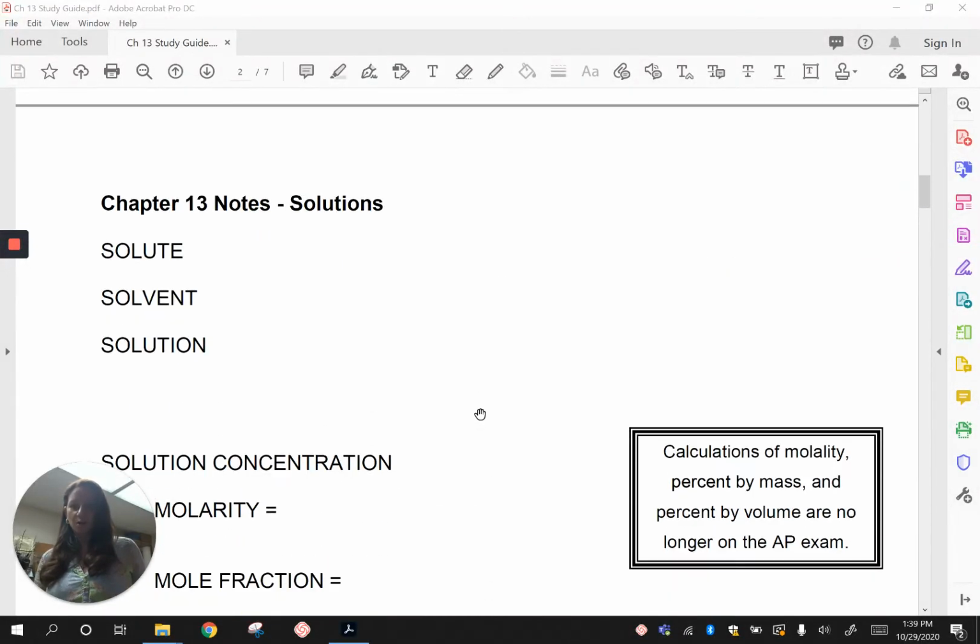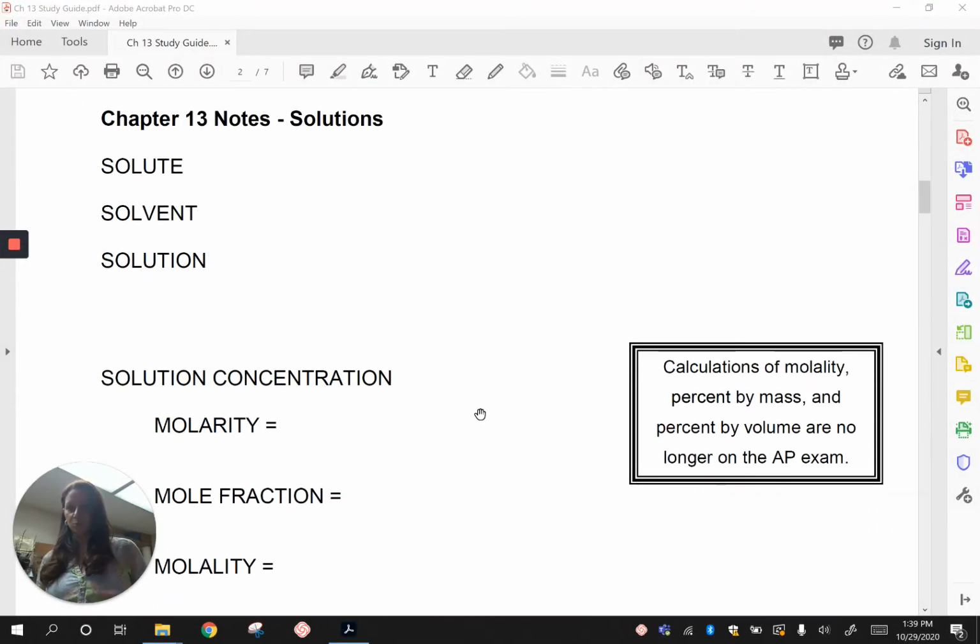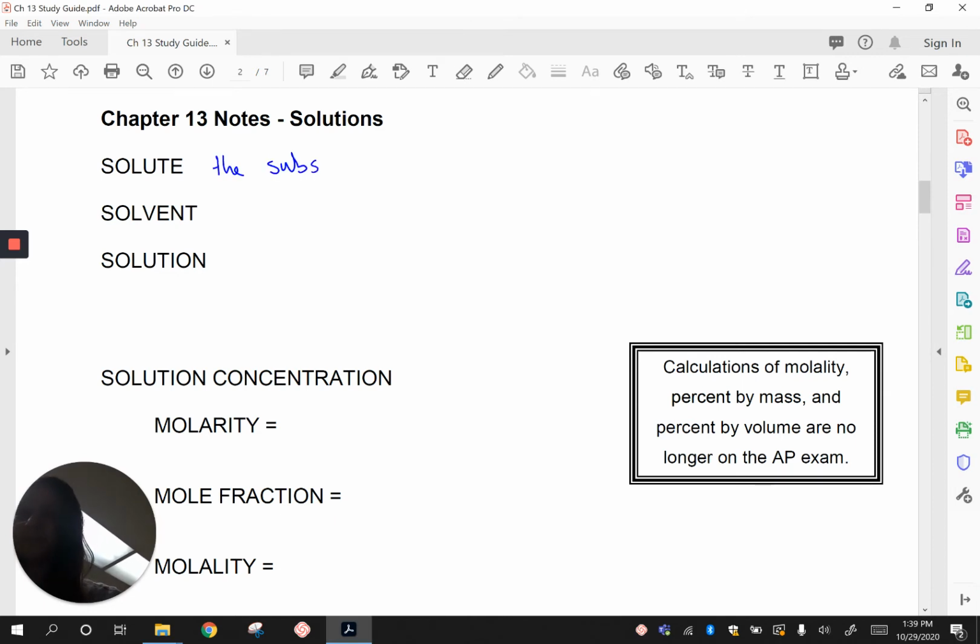So let's start Chapter 13, which talks about solutions, by first defining the different parts of a solution. To make a solution, you need a solute and a solvent. The solute is the substance that's being dissolved. And of course, the solvent is the substance that's doing the dissolving.